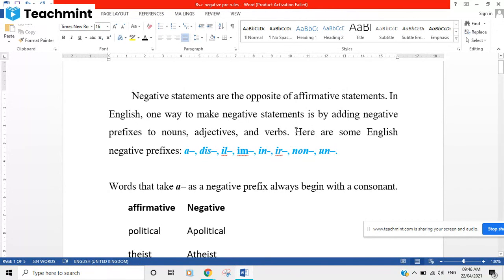But which negative prefixes do we use to make a word negative? Tell me negative prefixes.